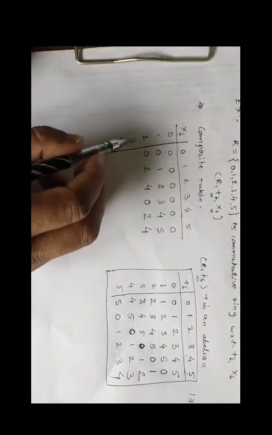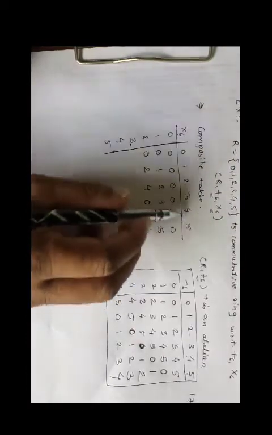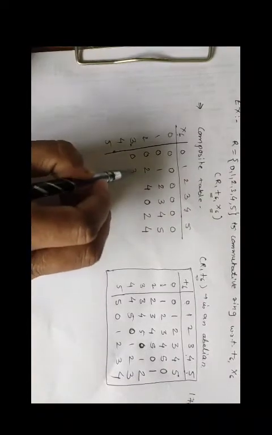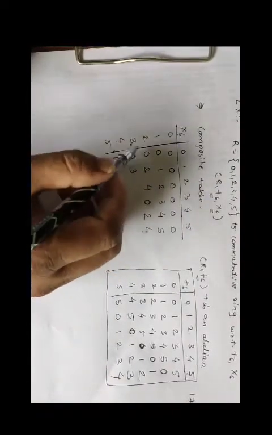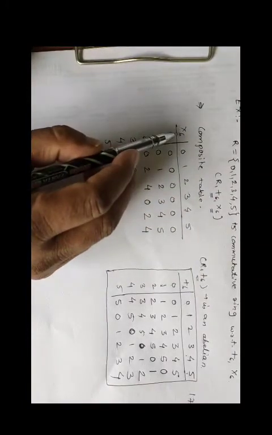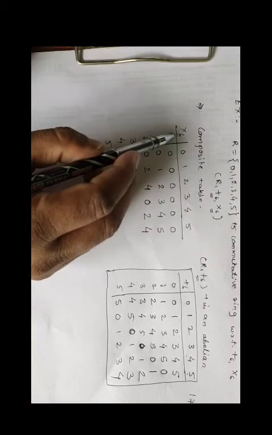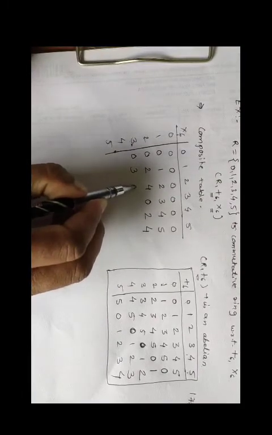Look at this carefully. Then multiply by 3 for this complete row. 3 into 0 is 0, 3 into 1 is 3, 3 into 2 is 6. But our set is multiplication modulo 6, so we again get 0.